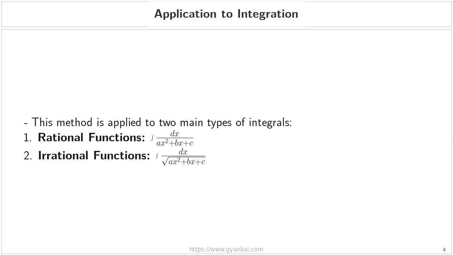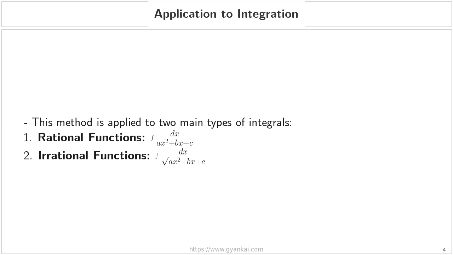Secondly, we have integrals of irrational functions. These are integrals where we have a square root containing a quadratic expression. Specifically, we're dealing with integrals of the form integral of dx divided by the square root of x squared plus bx plus c. Again, completing the square inside the square root simplifies the expression, allowing us to use standard integration formulas.